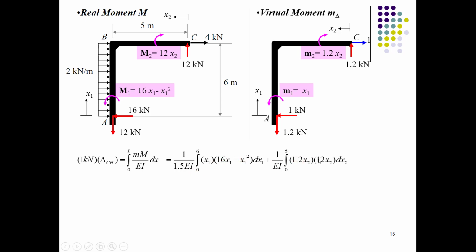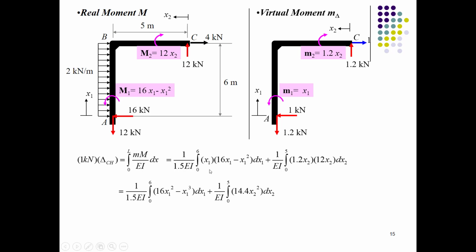So we can integrate over the length. The length is 0 to 6, and you have a length of 0 to 5 for the other member. If you take the section from B to C, then you have different limits, so you will have to compute the limits.